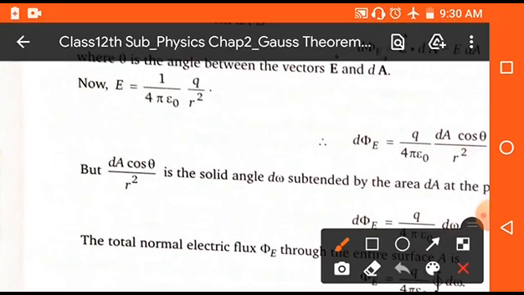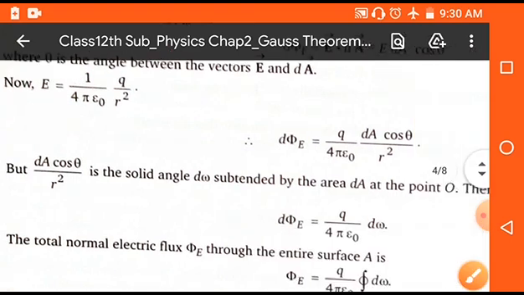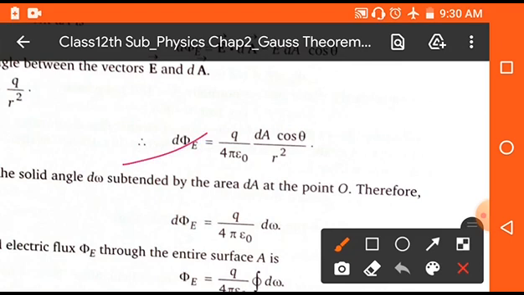We know that electric field at any point E is equal to 1 upon 4 pi epsilon naught times q upon r square. So on putting the value we get d phi is equal to q upon 4 pi epsilon naught times dA cos theta upon r square, and we know that dA cos theta upon r square is equal to d omega.